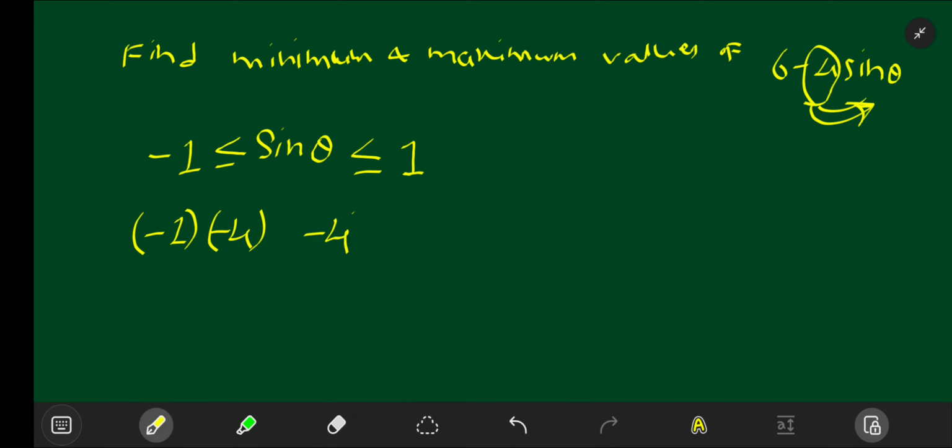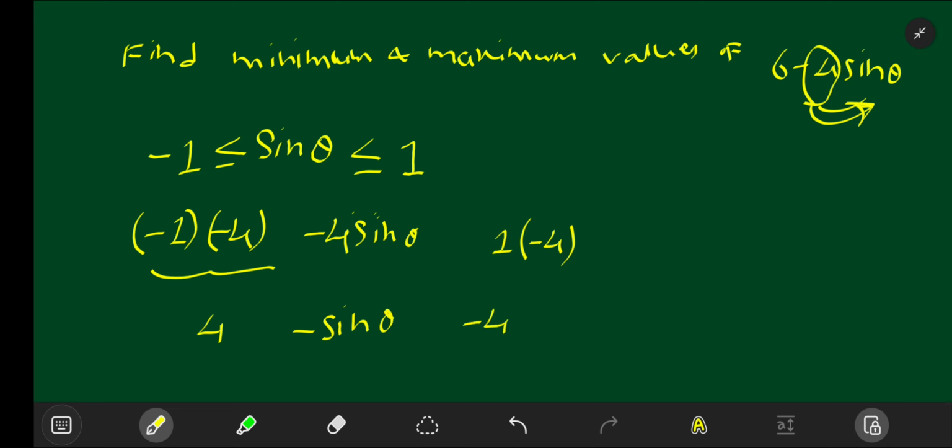Minus 4 sin theta, and 1 into minus 4. Now minus into minus is plus, that is 4. Minus 4 sin theta, and here is minus 4. Sorry.